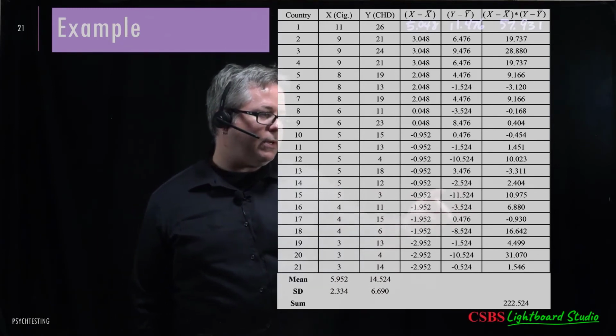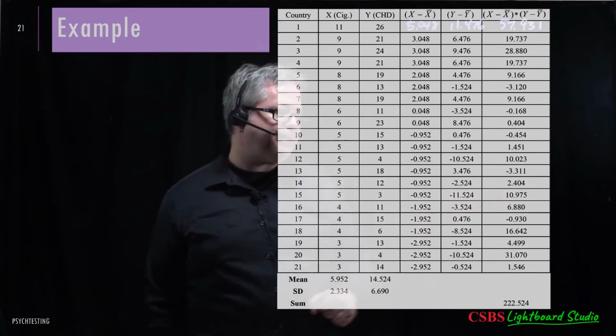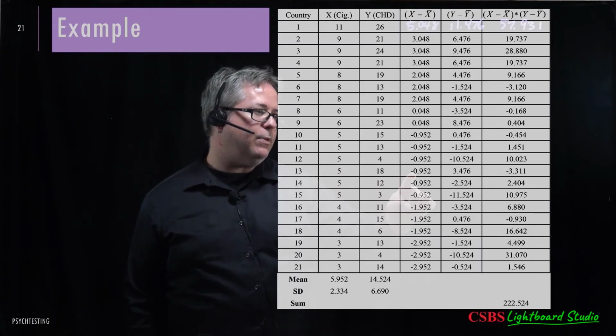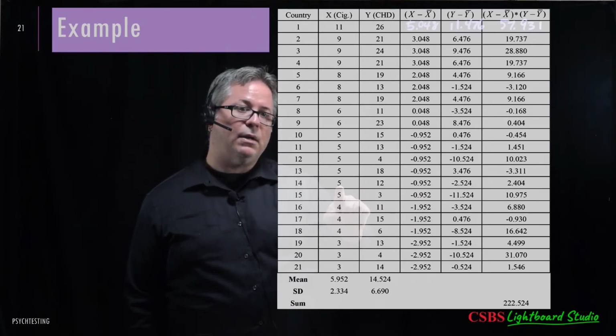But when we multiply across, they become positive. Now, you have some negatives. This country, number 13, they happen to be below the mean, right? So they're below the mean on, yeah. You can see my work.